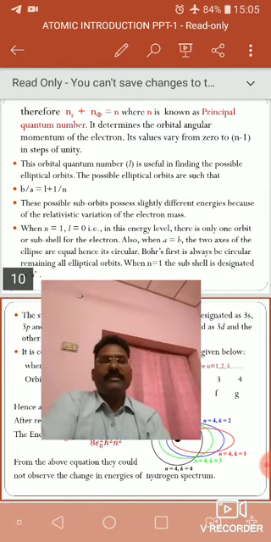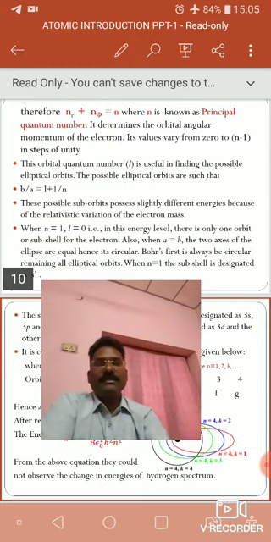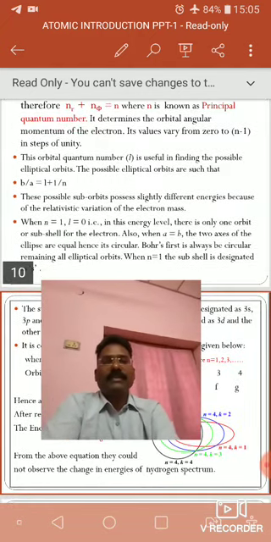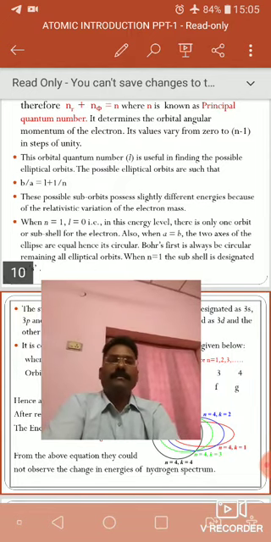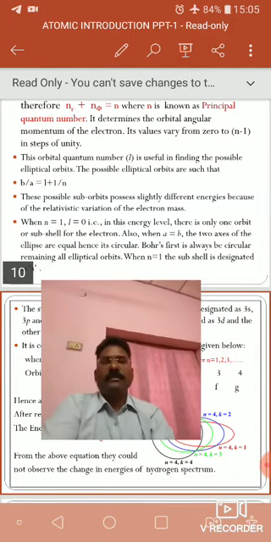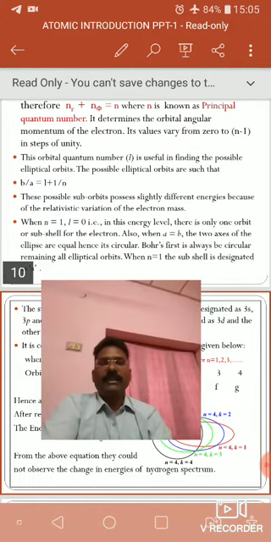Also, where a is equal to b, the two axes of the ellipse are equal, hence it is a circular orbit, also called Bohr's first orbit. Bohr's first orbit is always a circular orbit. Remaining all are elliptical orbits according to Sommerfeld theory.